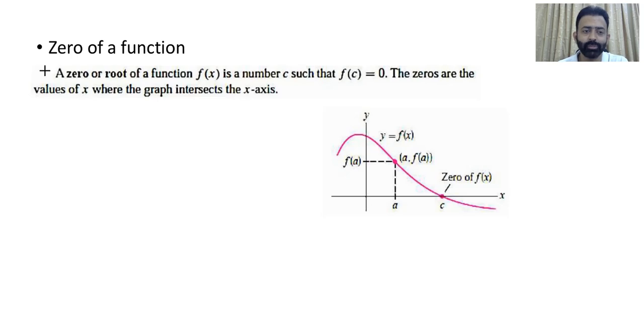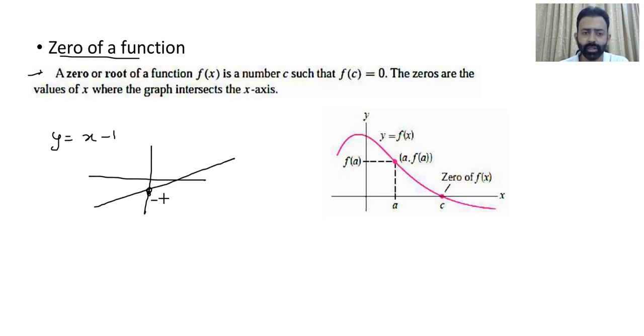Yes, the next concept is zero or root of a function. Zero of a function, as the name suggests, is the values of x at which the function is getting the value 0. All the values of x where the function is becoming 0. Graphically, the function becomes 0 whenever it crosses the x-axis. If I write y is equal to x minus 1, it simply indicates the graph is like this.